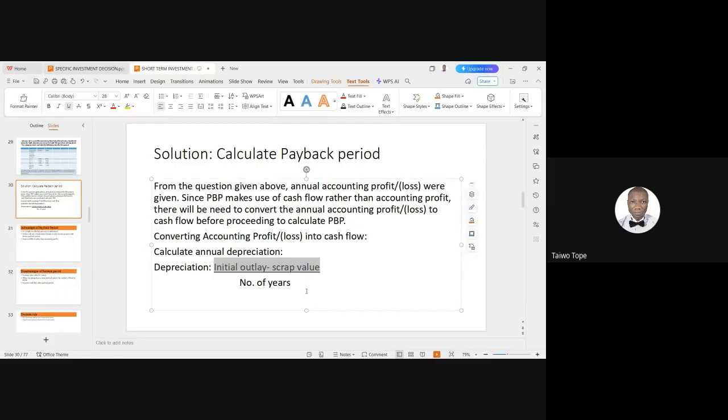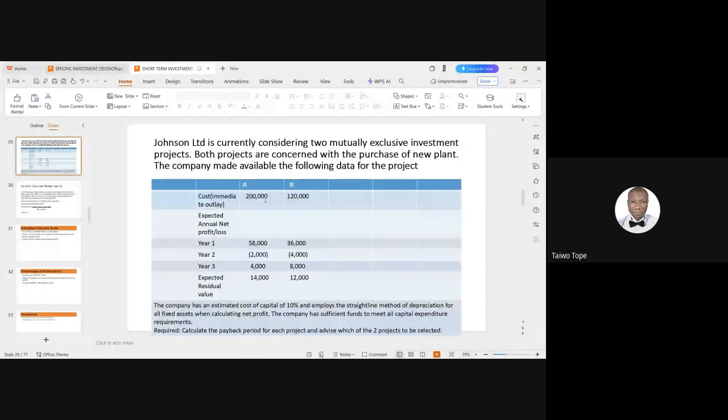Now, for project A, I'll solve for project A. You go and solve for project B. For project A, your depreciation will be what? Your initial cost is 200,000.